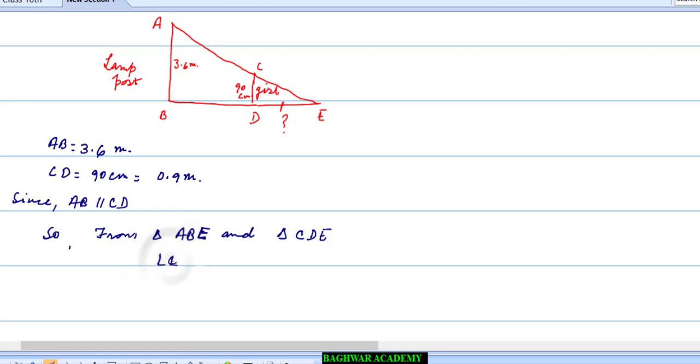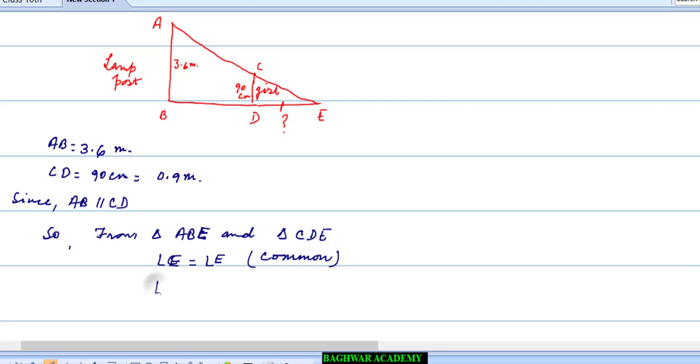Angle E is equal to angle E, that is common to both the triangles.